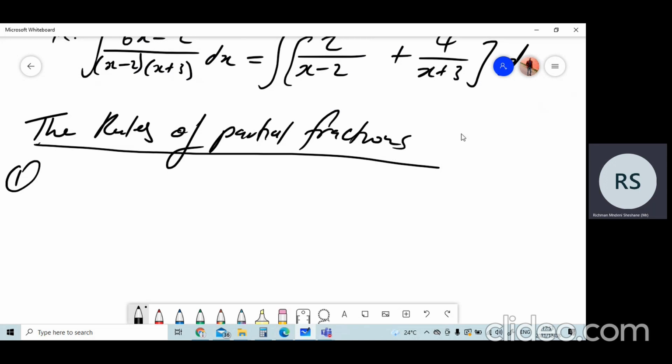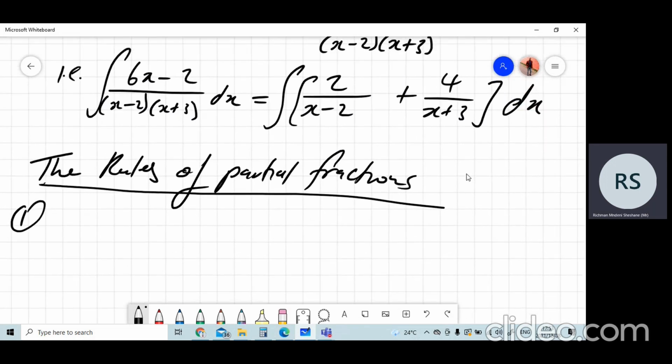We apply partial fractions to algebraic functions, like a polynomial divided by a polynomial.